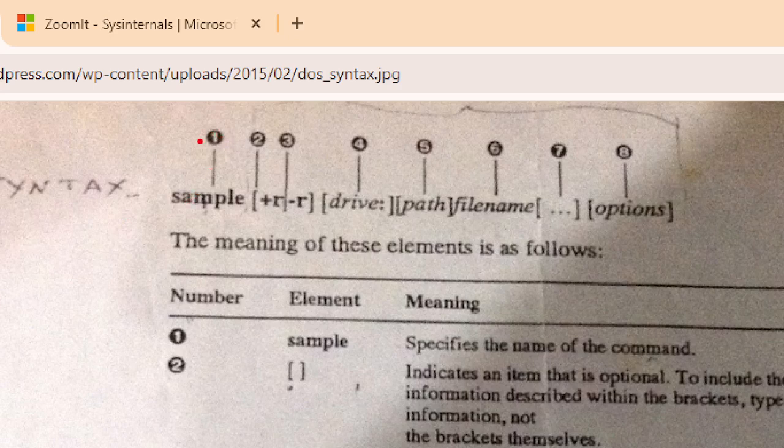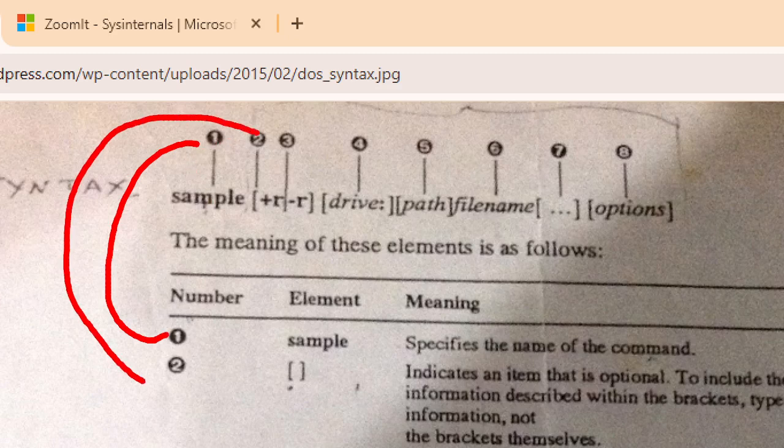As you can see, there are 8 numbers here. You can memorize them. This one is from this one, this 2 is from that one, and so on. Remember this class.